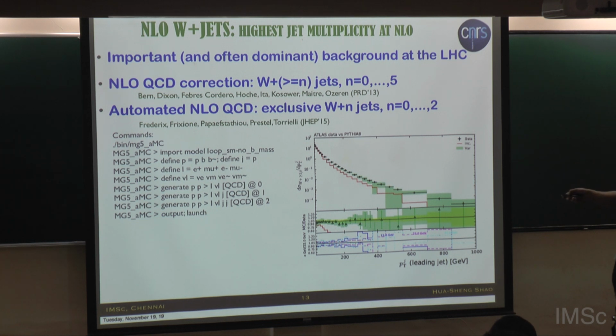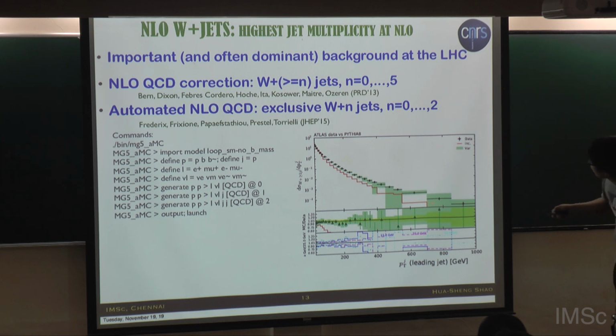And you can achieve this with MadGraph, and you will see that this is next to leading merging. You already tried the leading merging yesterday, but this is next to leading merging, with 0 jet, 1 jet, 2 jet, and you see that the data indeed favors it.